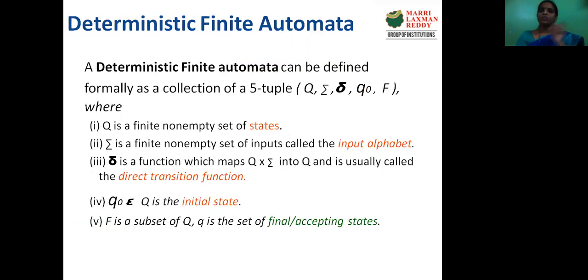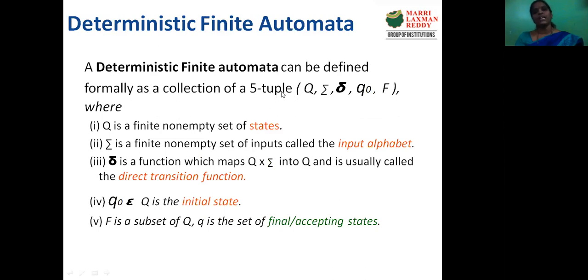Now, coming to the definitions of deterministic and non-deterministic finite automata, they are defined similarly to your finite automata. A deterministic finite automata is also defined as a collection of a five-tuple. This definition resembles the definition of your finite automata.